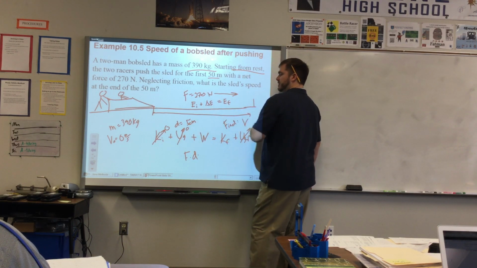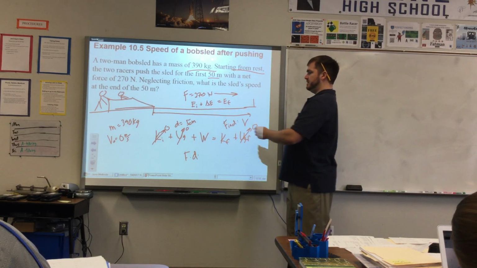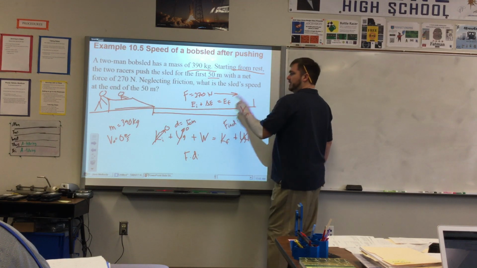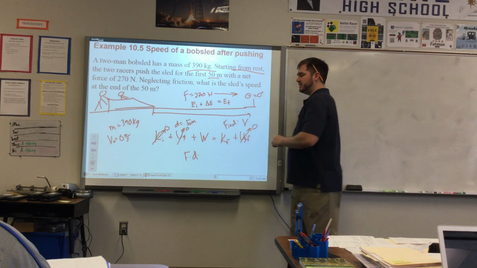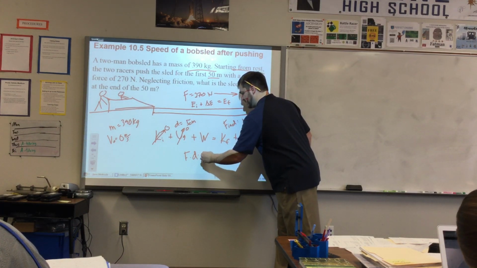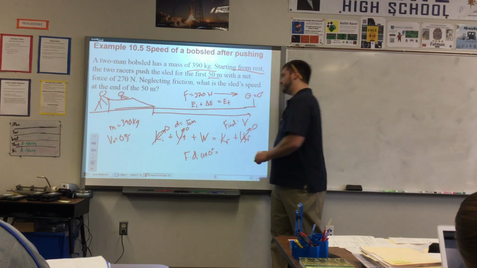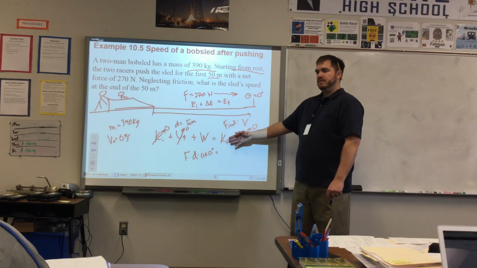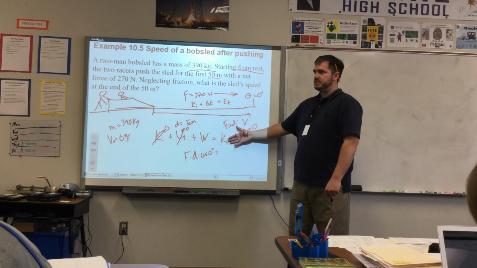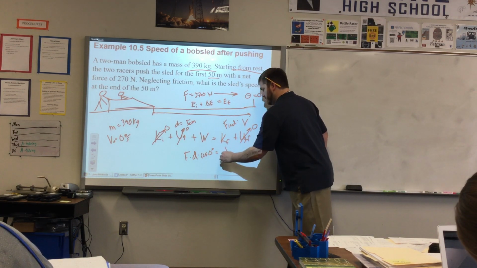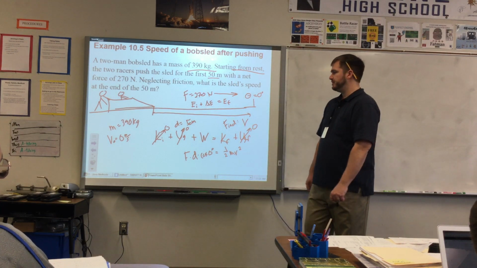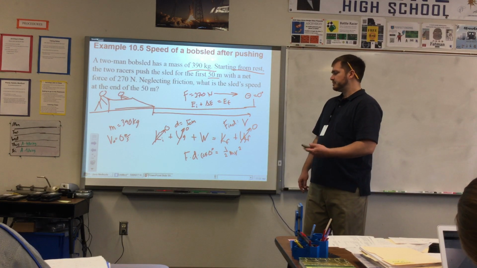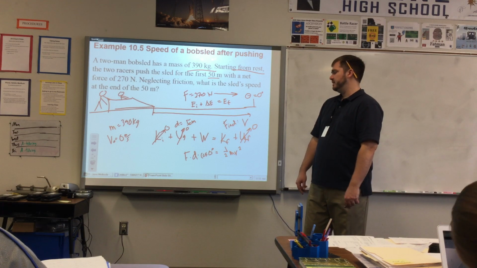So the force vector is to the right. There's no angle. The displacement, there is an angle. But it's 0. Its value is 0. So force times distance times the cosine of 0 equals, we now have a new formula to use for kinetic energy. 1/2 mass times velocity squared. Alright?